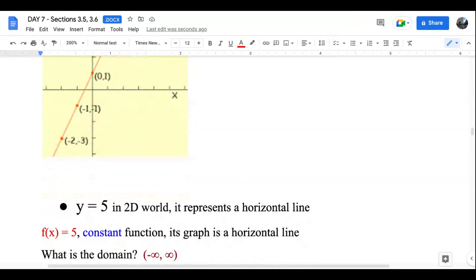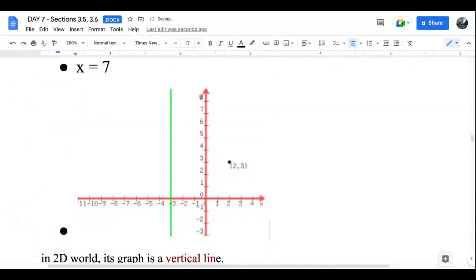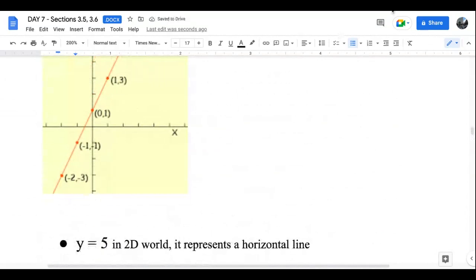And then y equals 5. Let me get y equals 5. I may not be able to get y equals 5. Let me see if I can get it in. I'll change to negative 3. Okay, y equals 5. Well, y equals any number. I just need a graph of a horizontal line. Got it.